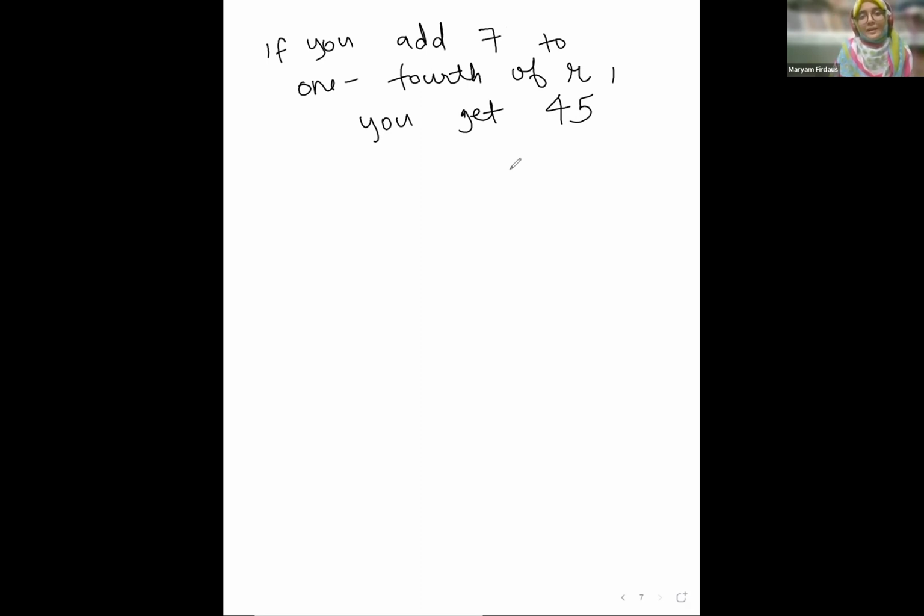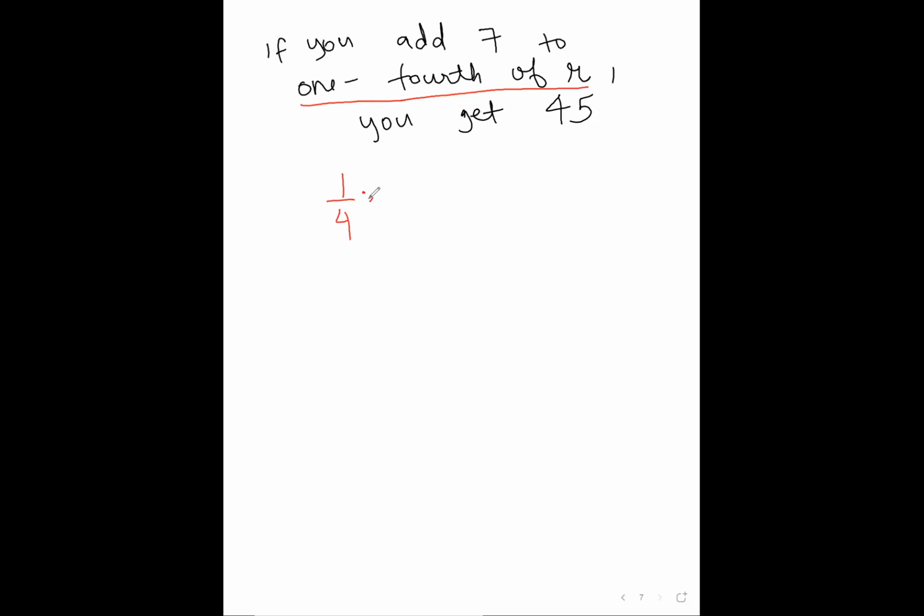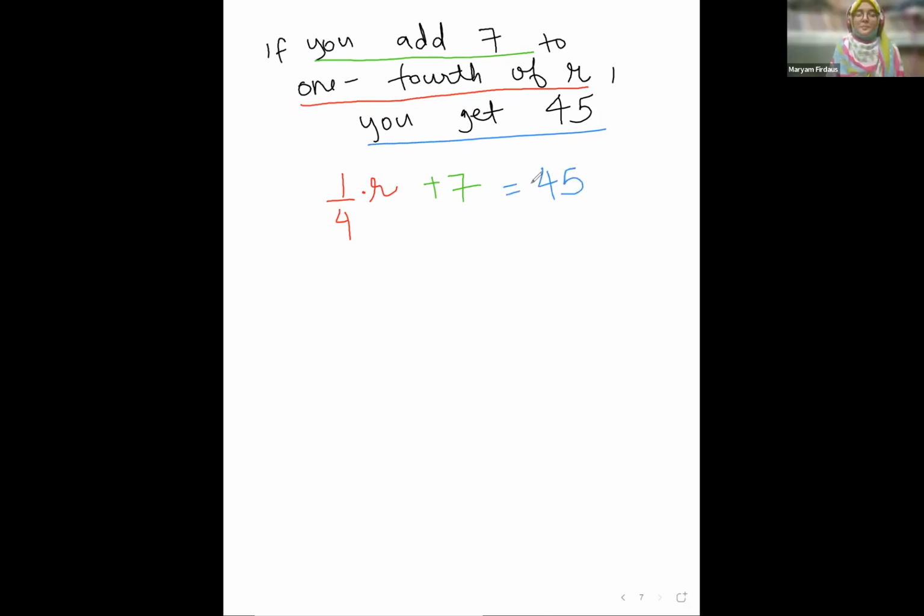Sentence by sentence, we will take a look. First thing that you need to take a look at: 1/4 of R. 1 by 4 multiplied by R plus 7 is equal to 45. Very good. Plus 7 is equal to 45.